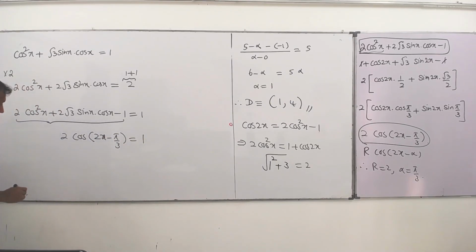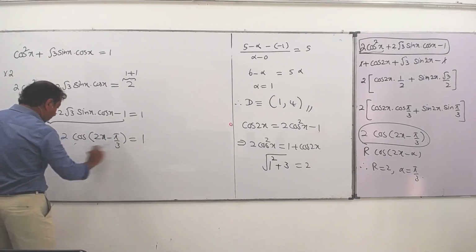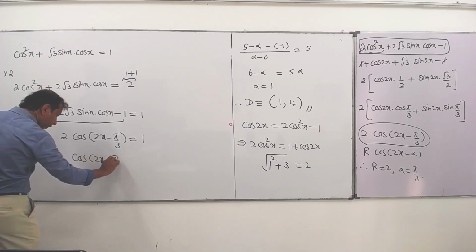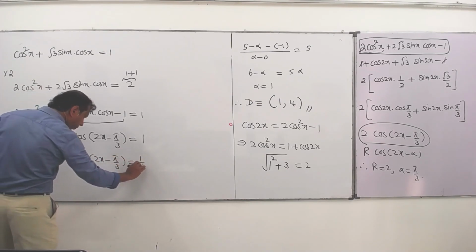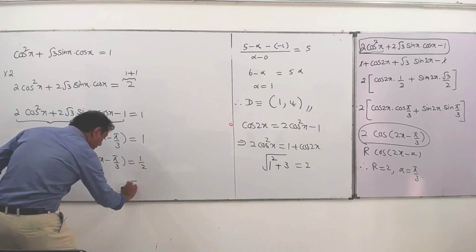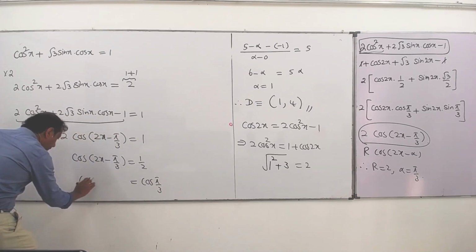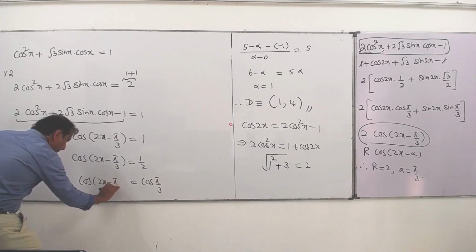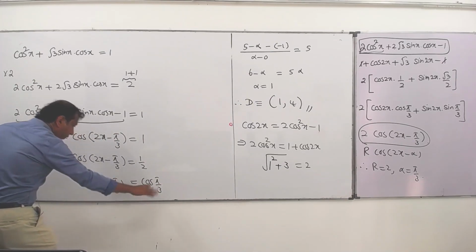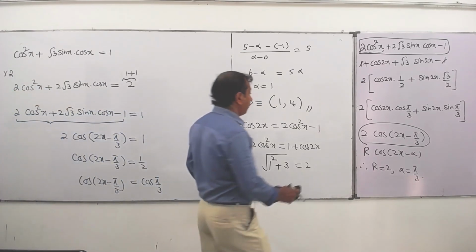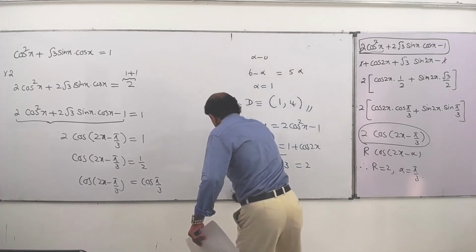Right? Now bring this 2 over. Half, this half we can write as cos pi by 3. The left hand side also has cos. Now, cos equality: how to write the general solution? Yes, now you know how to write the general solution.